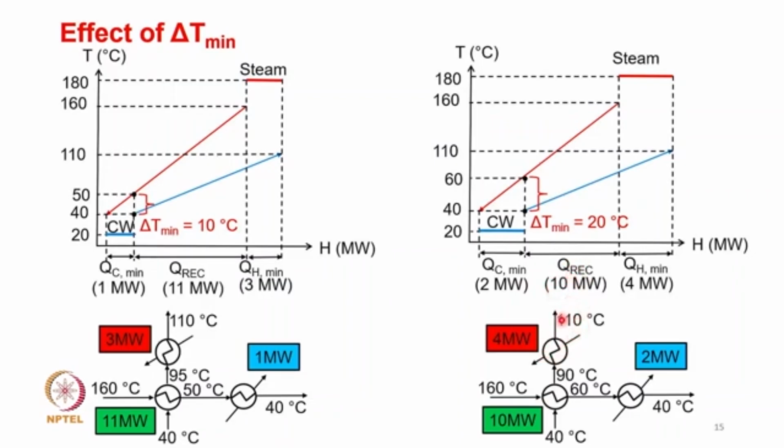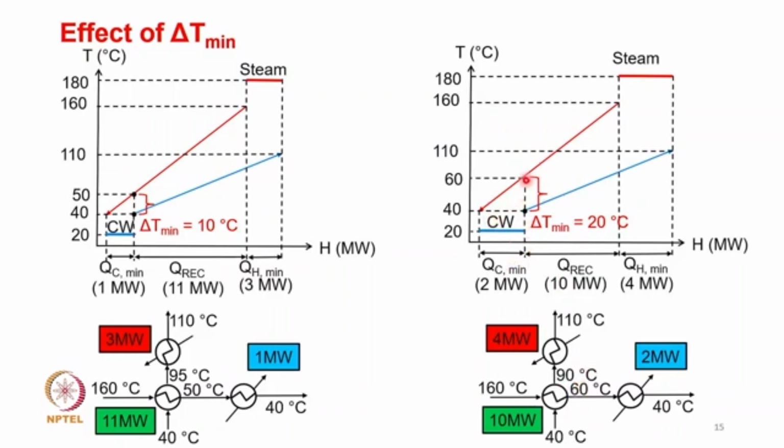So you can see that in this case, the outlet of the heat exchanger, let's look at over here. So your heat exchanger outlet would be somewhere at 90 degrees, and to make it 110, you need to do an additional operation, and similarly from 60 to 40.